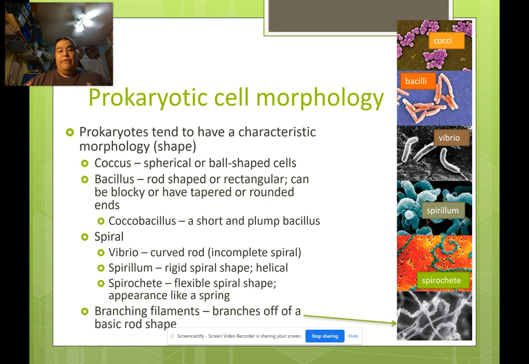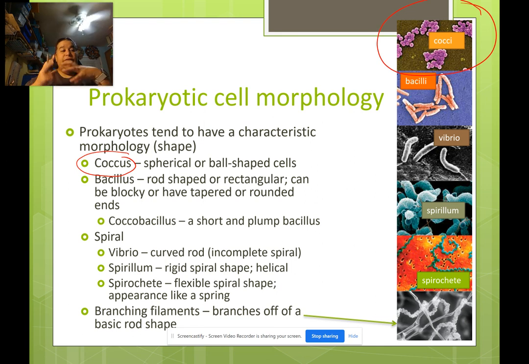Prokaryotes tend to have very characteristic morphologies, and they're limited in what they can look like. The first one is going to be coccus. Coccus tend to look like grapes. They tend to look like circles.